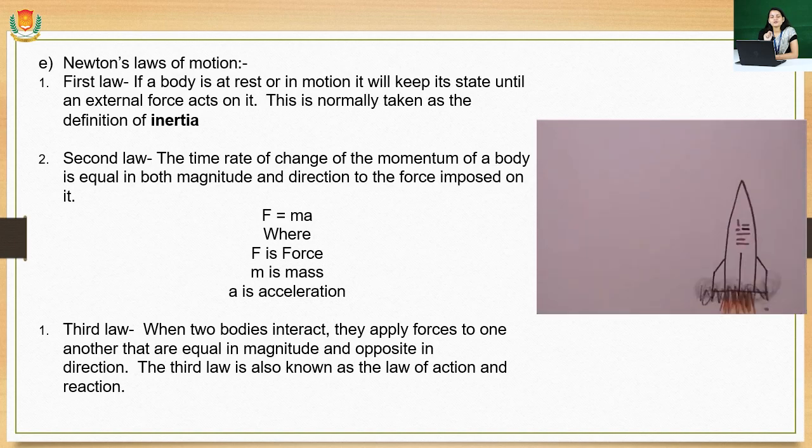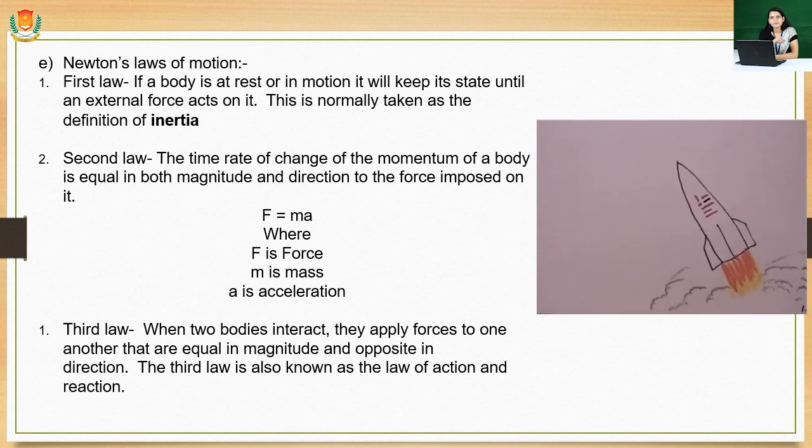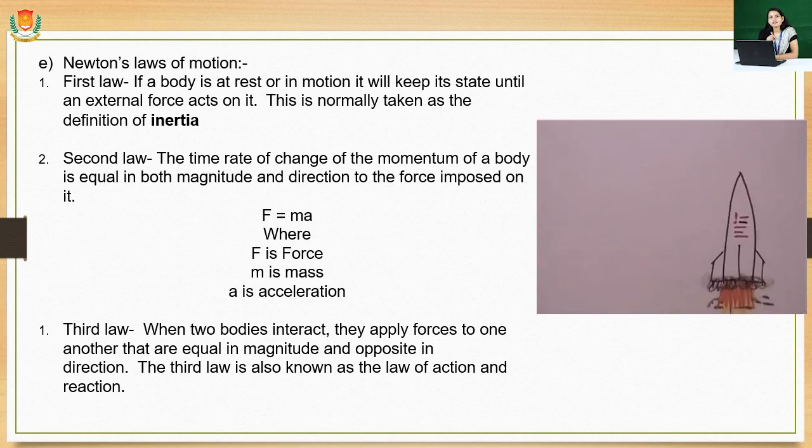This law is known as the law of inertia. Now the second law: the time rate of change of momentum of a body is equal in both magnitude and direction to the force imposed on it. It can be depicted as F equals ma, where F is the force, m is the mass, and a is the acceleration.